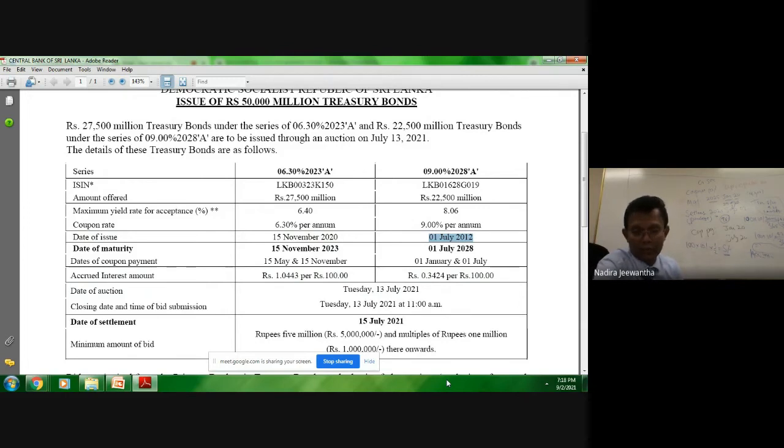Then that is the accrued interest part, which is relevant to whom? The previous seller, not to the buyer. Understood? Right.